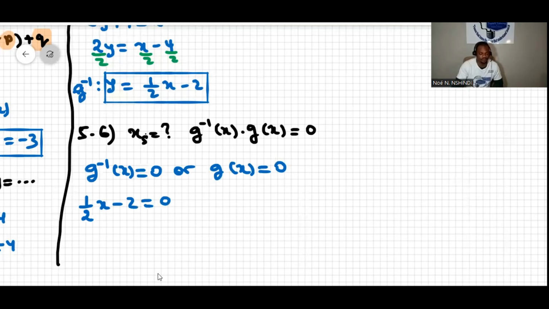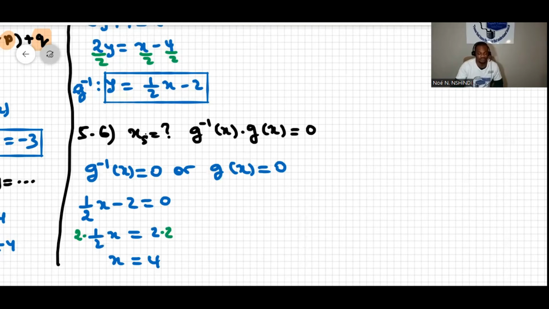If I move the negative 2 over, that makes a half x equal to 2. And then to get the value of x, I must times here by 2, and times there also by 2. Then this will make x equal to 4.